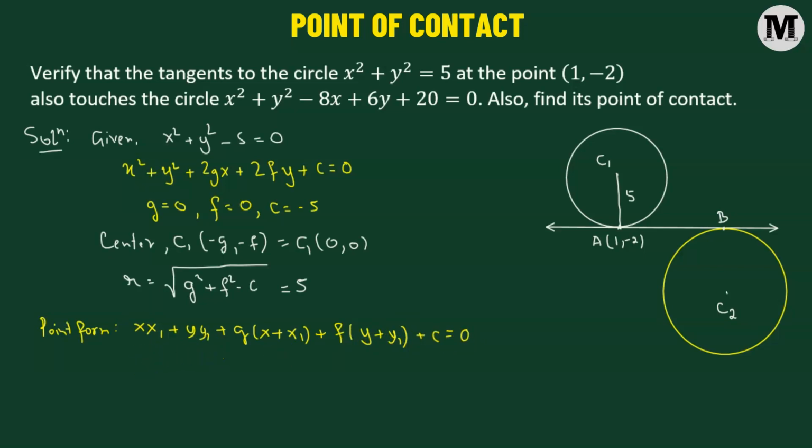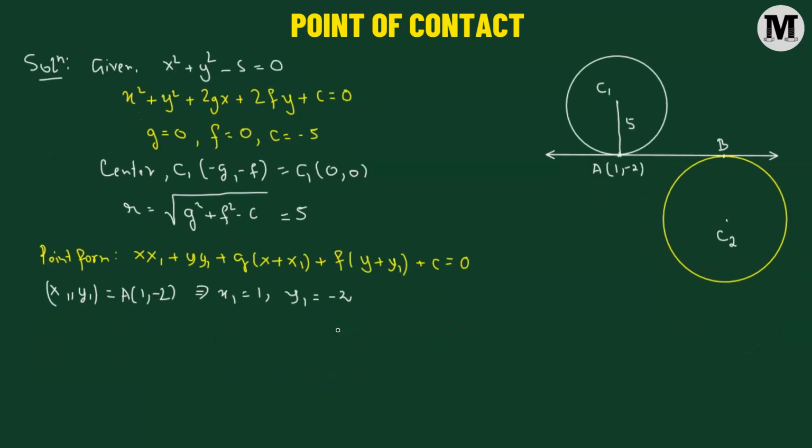Here (x1, y1) is nothing but the point of contact. So (x1, y1) corresponds to point A with coordinates (1, -2), which means that x1 equals 1 and y1 equals negative 2.